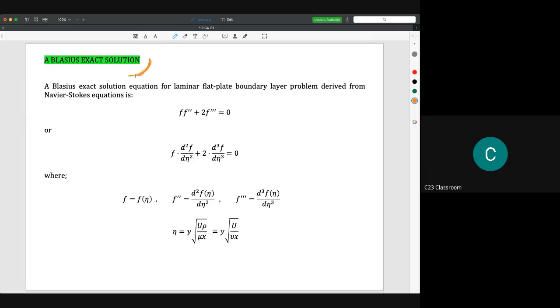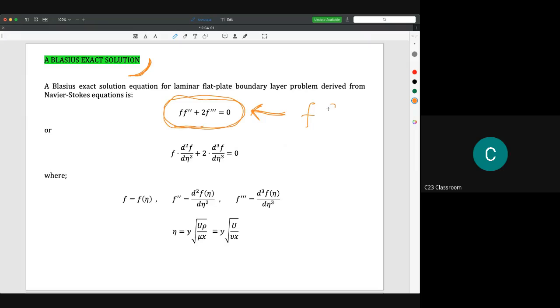I'm not sure whether I need to ask this as your assignment or not. To simplify, finally Blasius proposed this term from the Navier-Stokes equation. Some textbooks will have this term with f prime here.